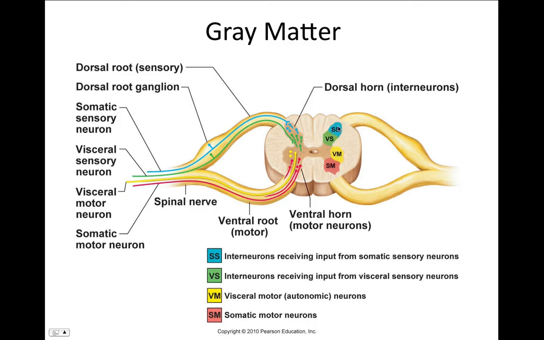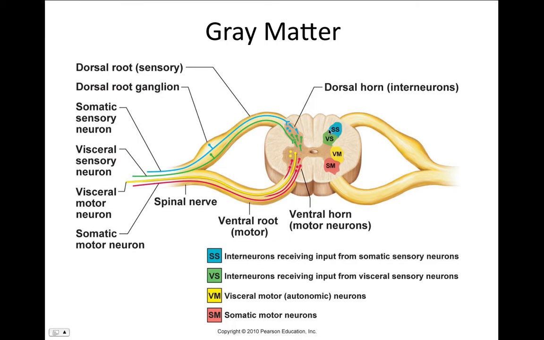So this would be somatic sensory. That's what SS means. So it's sensory information, receptors that are going to come in and synapse only for the somatic or the conscious brain. So that would be the muscles, and information from the skin that will relay things like temperature, touch, and pain from those regions.